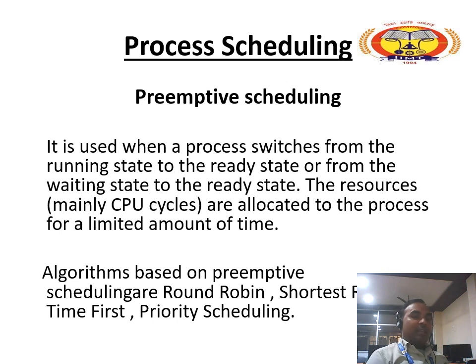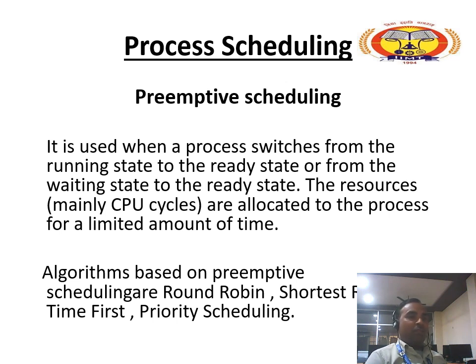Suppose there are two processes, P1 and P2, and the CPU executes P1 for 5 seconds, then goes to P2 and executes it for 5 seconds, comes back to P1 for 5 seconds, then again goes to P2 for 5 seconds. Clear?